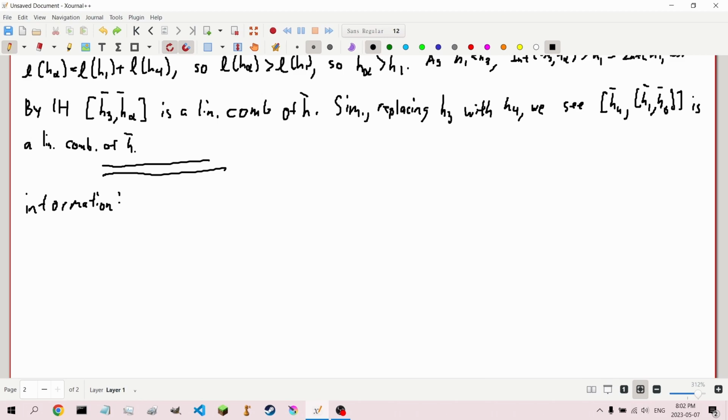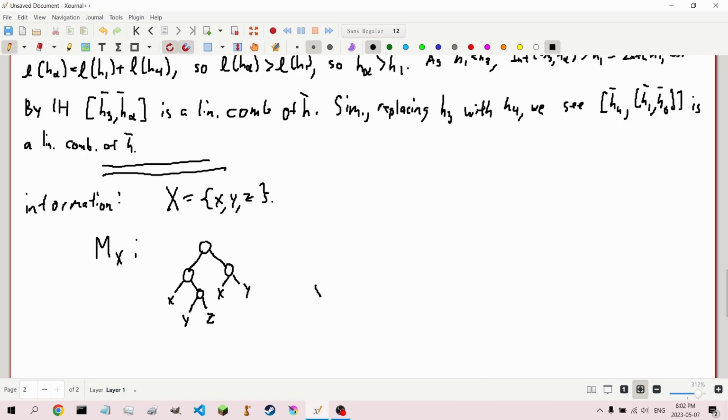I might get some stuff wrong, but for this informal discussion, let X be, say, x, y, z. Now, the free magma of X is going to look like essentially binary trees. So the root has two nodes, each of which either has an element or another node off of it. I'll go bottom to top.